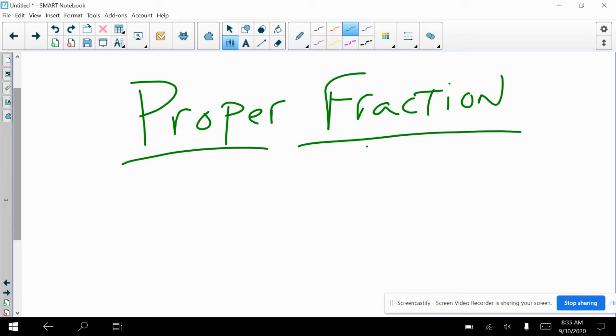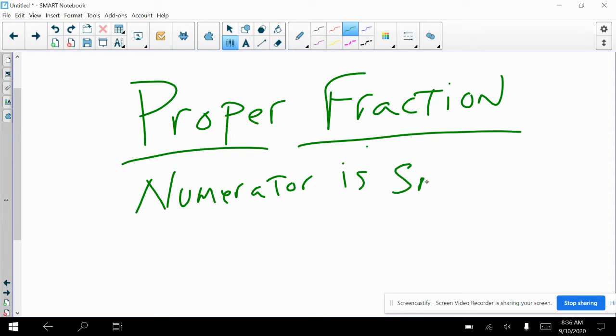All right, define regular fraction. I don't know what that means in English. That is correct. It's ones that you're usually dealing with. When the numerator is smaller than the denominator.